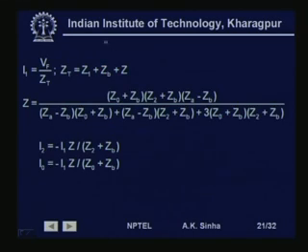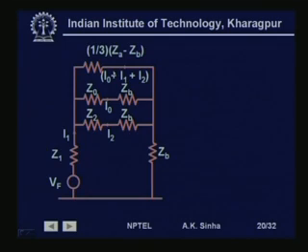So, ZT will be equal to Z1 plus ZB, that is again, if we see, this is Z1 in series and ZB in series in which I1 is flowing, and the rest of the circuit again can be reduced into one impedance connected between these 2 points. So, if we do that, these 3 impedance arms are in parallel. So, we need to find out an equivalent for these 3.